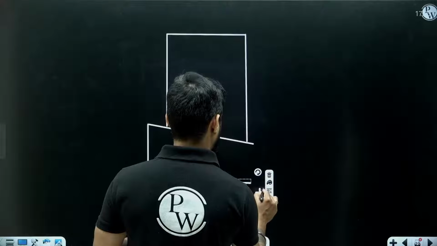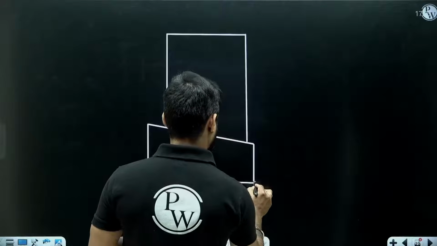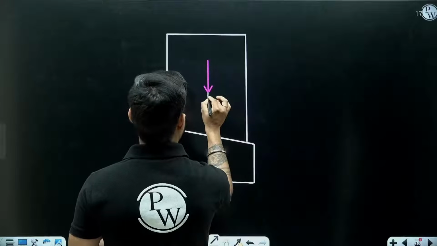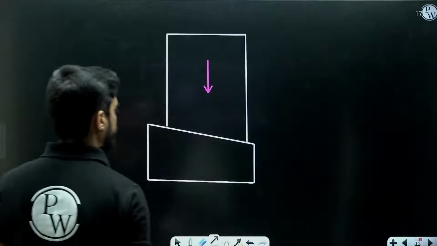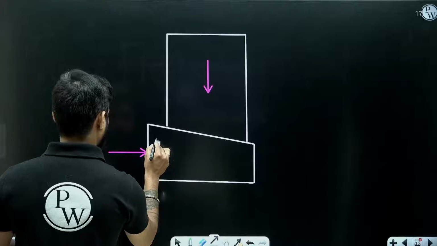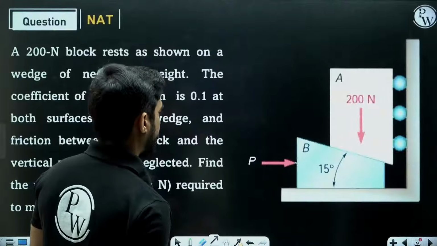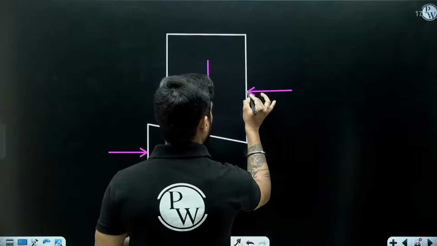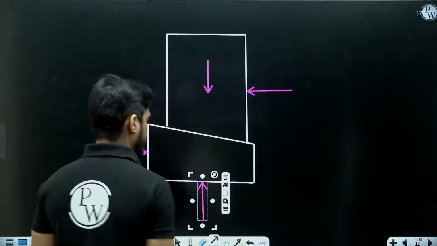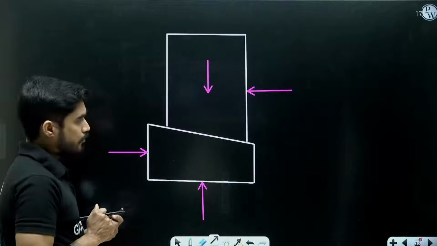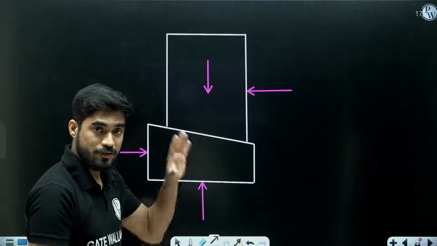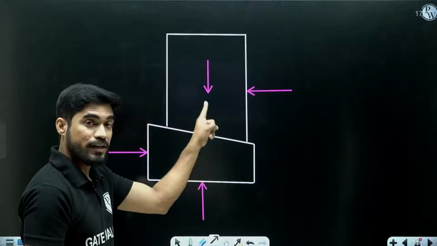It is something like this. Weight of the block is 200 Newton. This is force P. Okay. Now there will be one normal reaction from here. There will be one normal reaction from here. Okay. And there will be friction force here. Okay. Here on this surface, we are not going to consider any normal and friction force in this free body diagram because both the bodies are connected together.